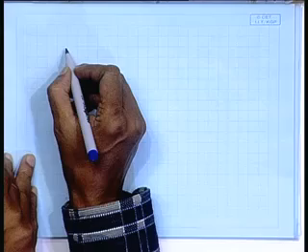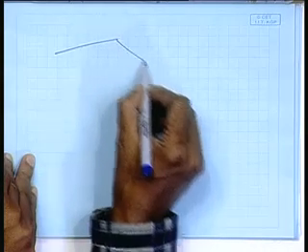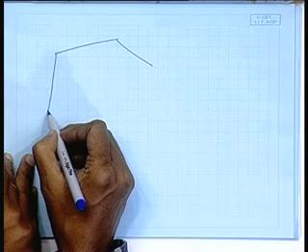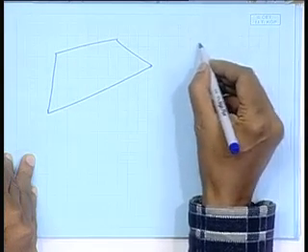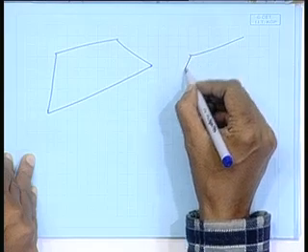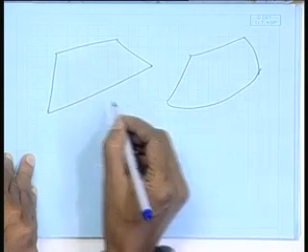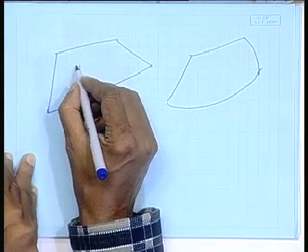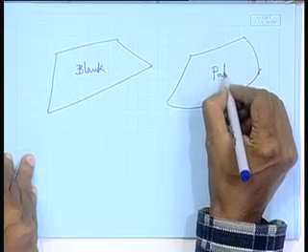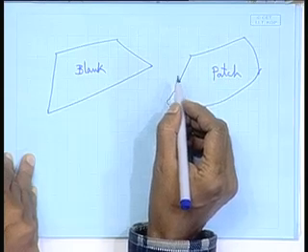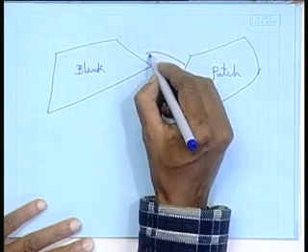How is it done? Once again the same thing. Suppose, I mean, some arbitrary shape I am drawing. Say this is my blank, this is the patch, right. So from the patch I have generated the blank.